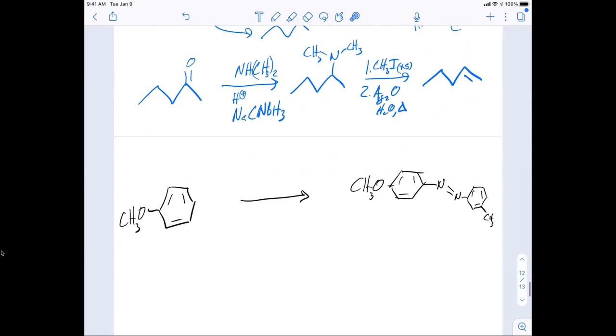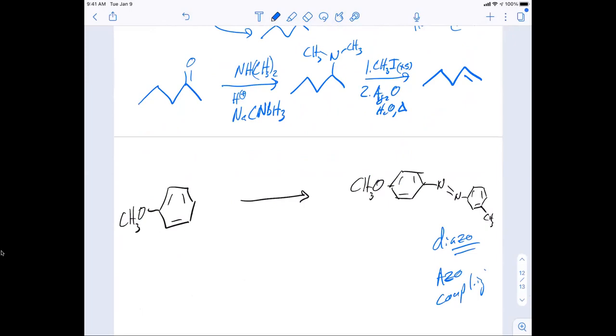In the second one, I'm forming the diazo coupling, right? So therefore, I know what reaction I have to use. I'm going to be using the azo coupling. And in the azo coupling, there's two aromatics, right?